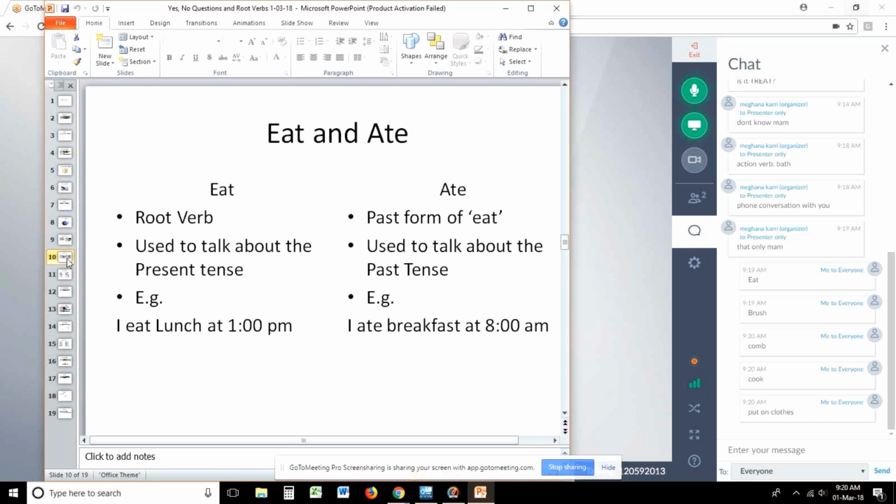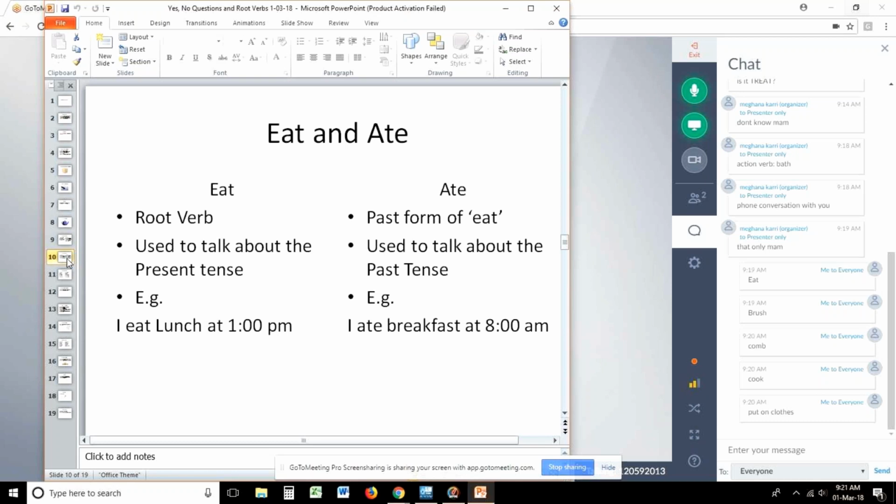But when we were talking, I used words like spoke, put on clothes, cooked, combed, brushed, eaten, ate. Now, what is the difference between the word eat and ate? I have taken eat and ate just as an example. In place of this, you can have other verbs as well.